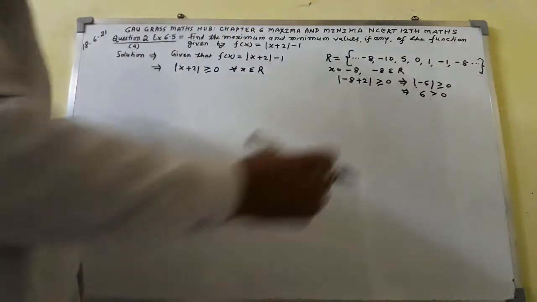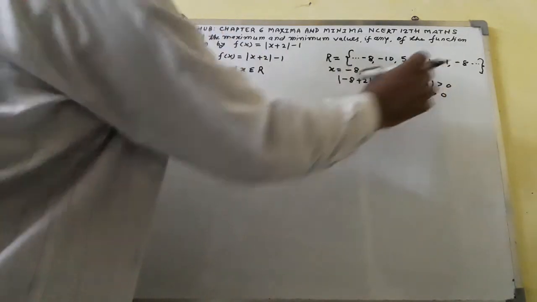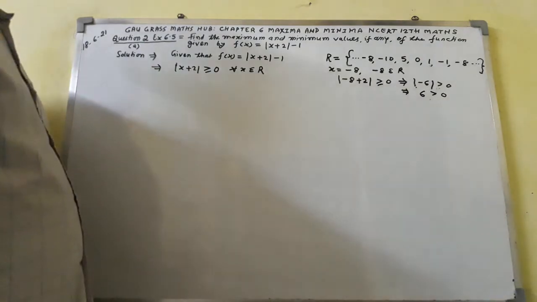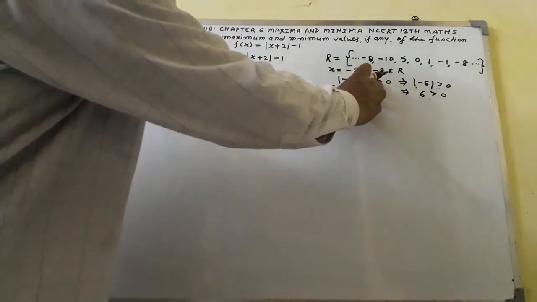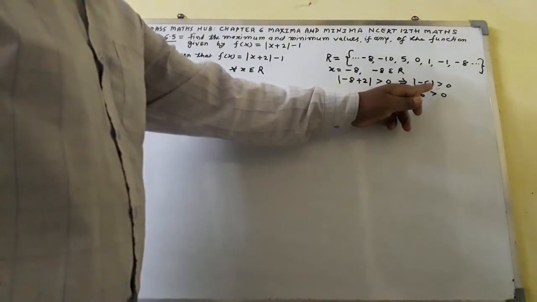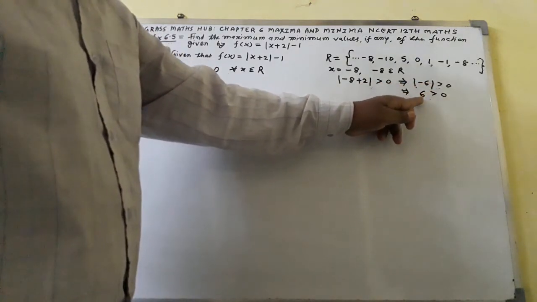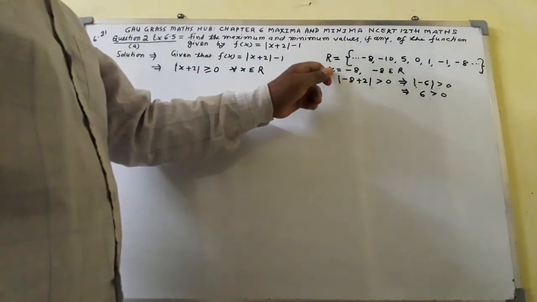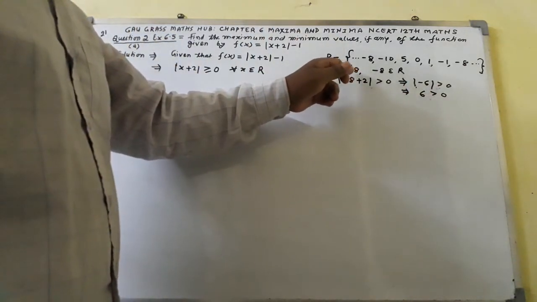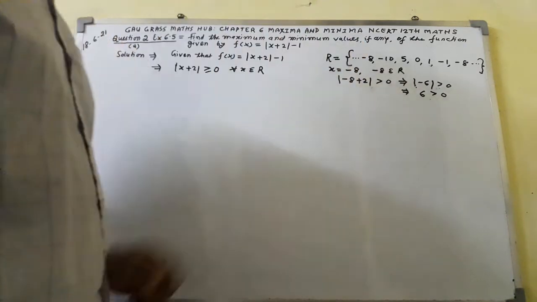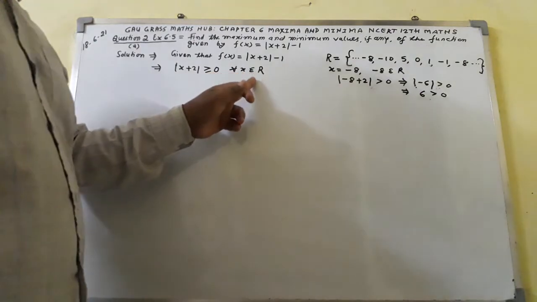So you can see mod minus 6 is equal to 6, and 6 is greater than 0. This means that the value of x, I have written here minus 8, belongs to the set of real numbers. This statement is true.